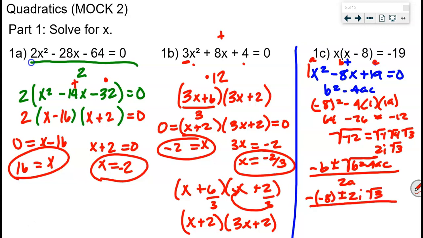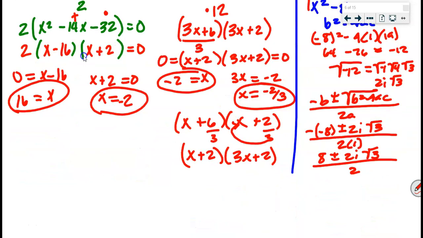We already simplified that, right? So that's going to be over 2 times 1. All right, so that's going to be 8 plus or minus 2i square root of 3 over 2. And this can be reduced more, right? Okay, so how many times does 2 go into 8? That's going to be 4. How many times 2 go into 2? That's going to be 1, right? So that's just going to be i square root of 3. So that's our answer right there, okay?